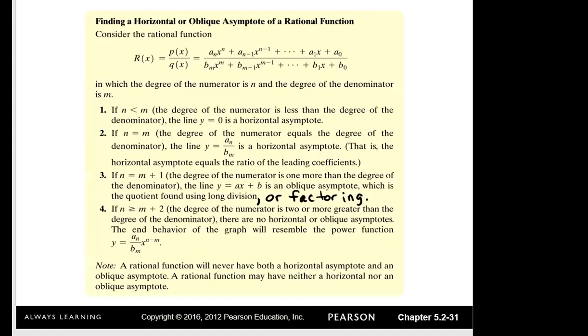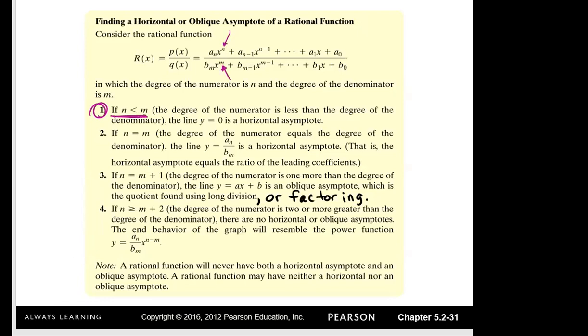All right, rule number 1. If n is less than m, and when you're looking at it, here is the n and there is the m.